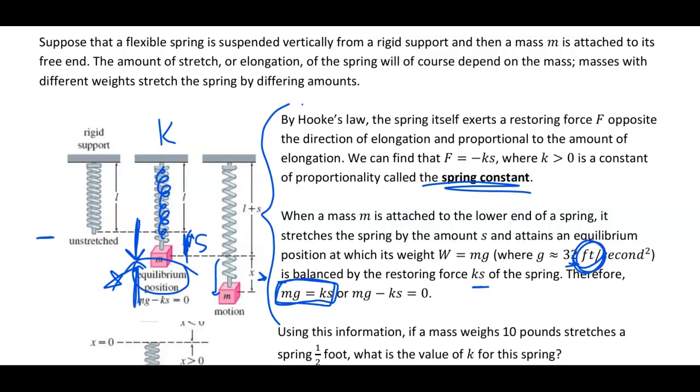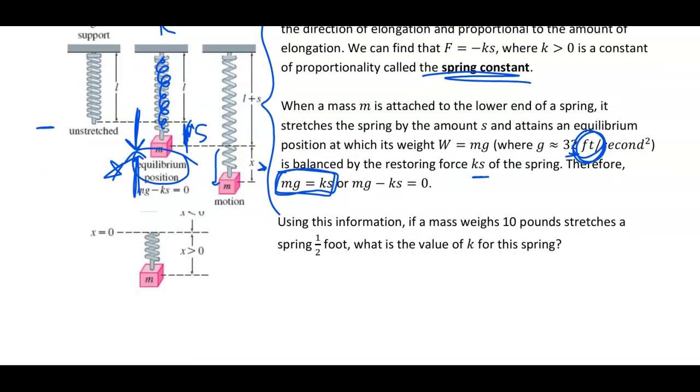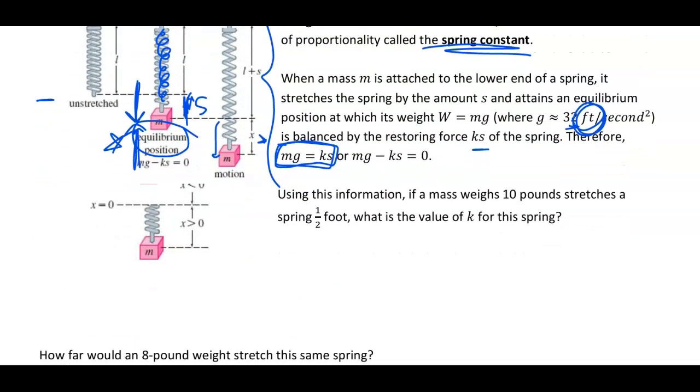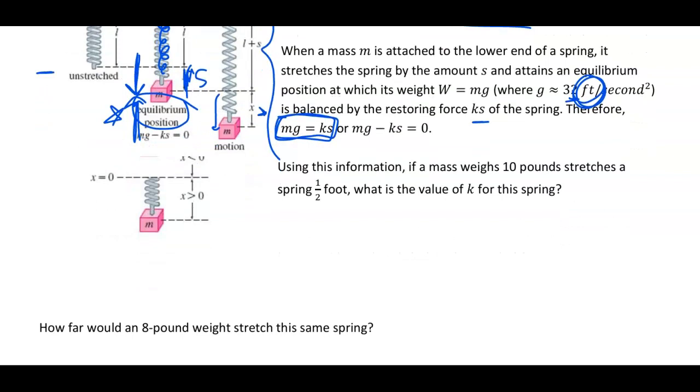And so if you look here, our first example as we step through this problem is using this information. If a mass weighs 10 pounds and stretches the spring by half a foot, then what's that value of K? So you put that mass of 10 pounds on here, and then it goes half a foot. So S is half, M is 10 pounds, S is half.